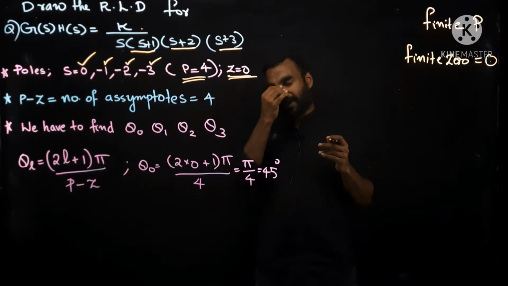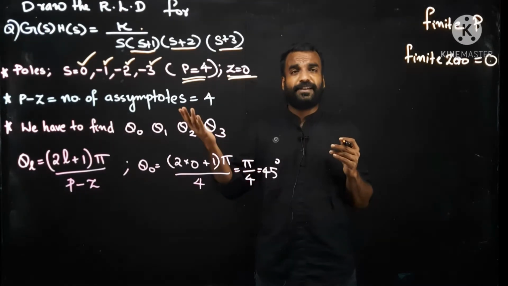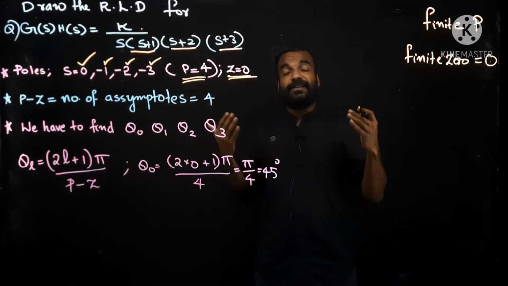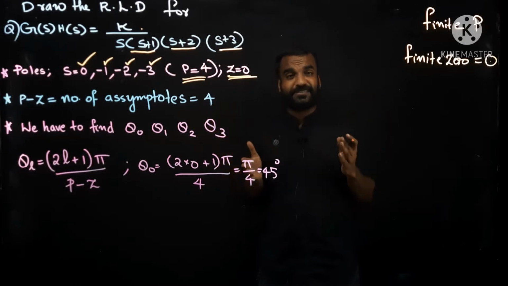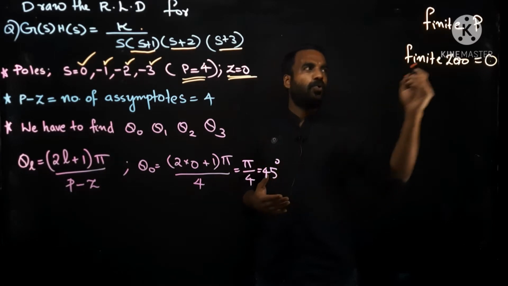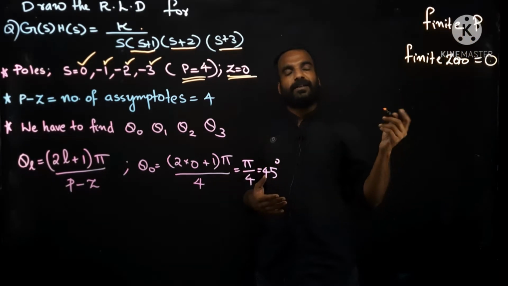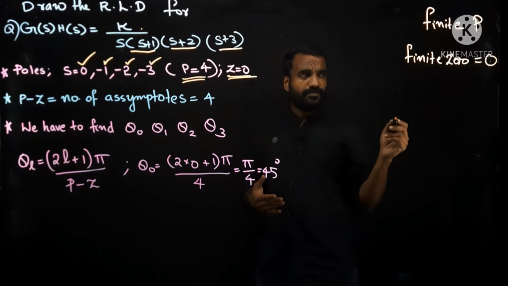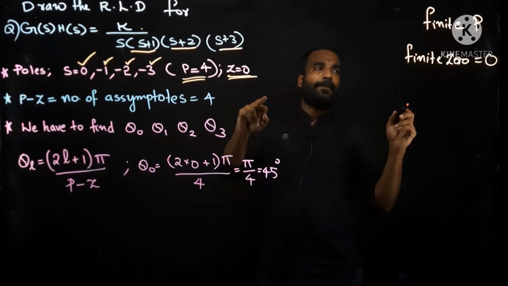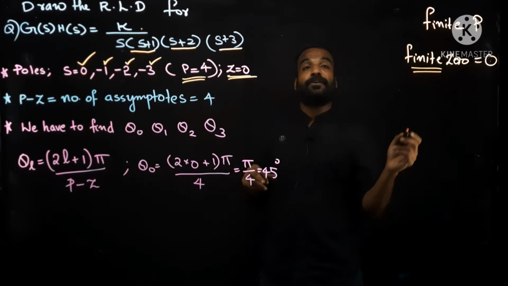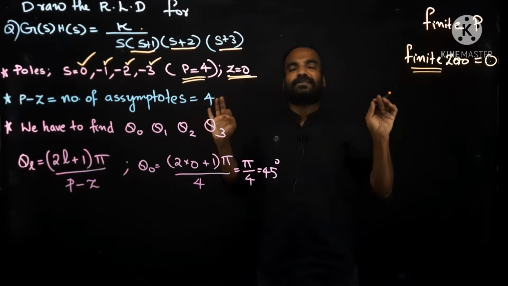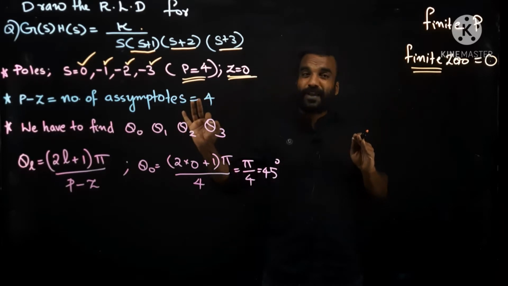We already told you that. Like a hero traveling to meet his heroine, ready to take any risk, all the 4 poles are ready to travel up to infinity. So even though finite zeros are absent, we have infinite zeros. So the root locus diagram is now going to fly to infinity.